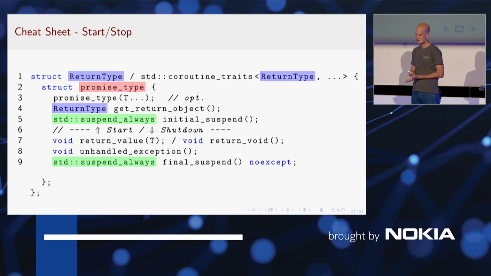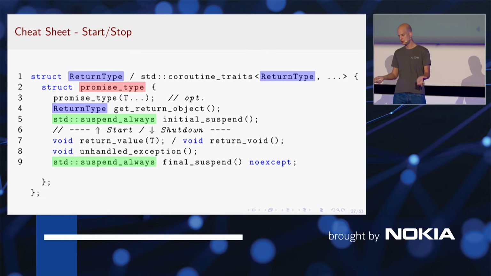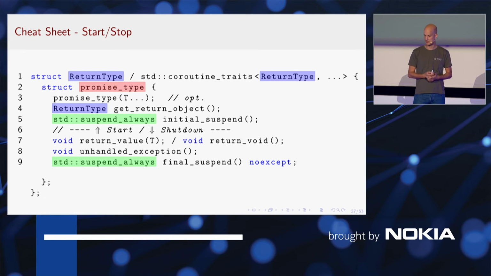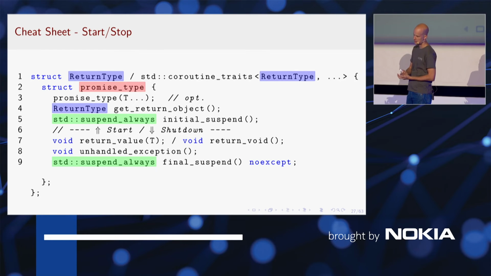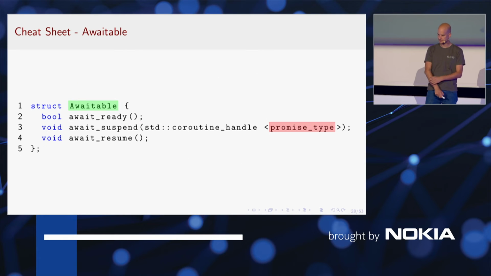Similarly, for the shutdown, you either exit by returning a value or by returning void. You could also exit through an unhandled exception. And once the return has been handled, you get the final suspend, as another opportunity for suspension after the coroutine body has been exited.